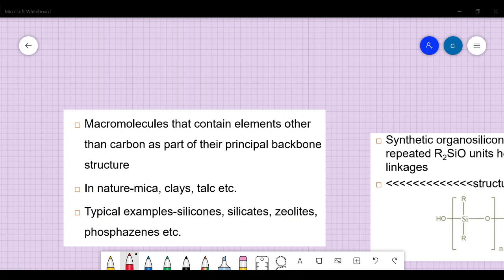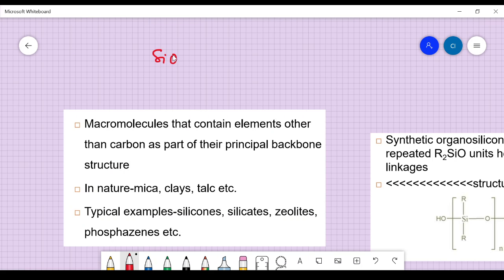We are already aware of the silicates that have a structure of SiO4, almost a tetrahedron, with silicon at the center and four oxygen atoms at the different corners of the tetrahedron.